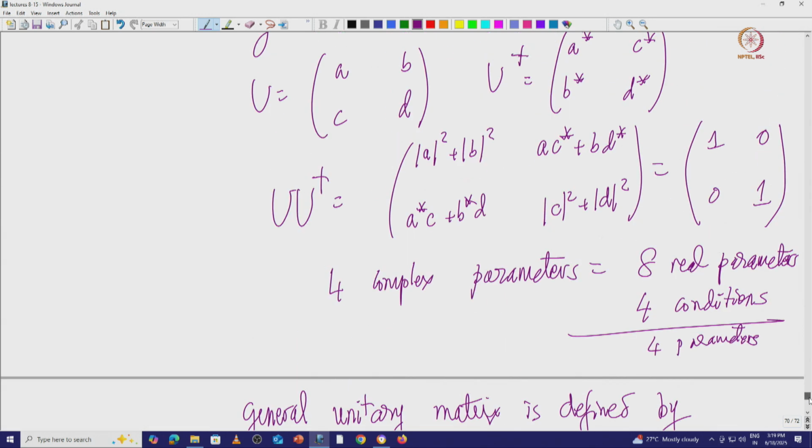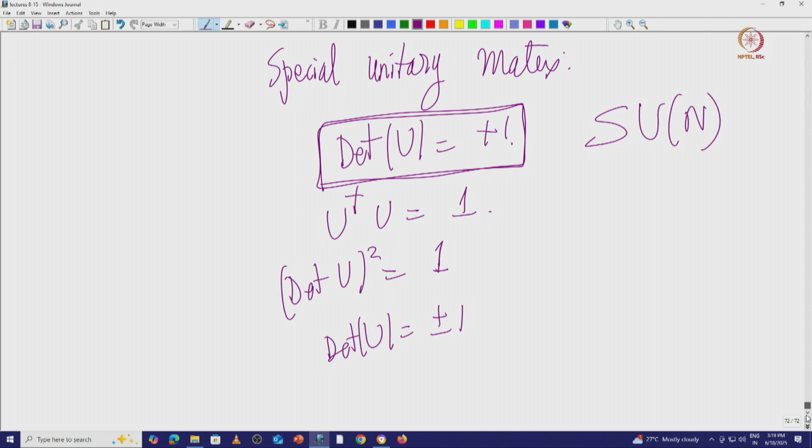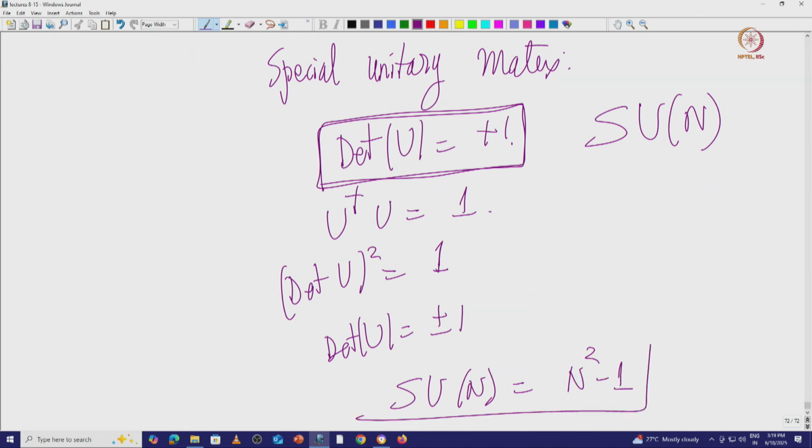So if U(N) has n square parameters, SU(N), because of this extra condition, will have n square minus 1 parameters, one parameter less compared to the general unitary matrices.